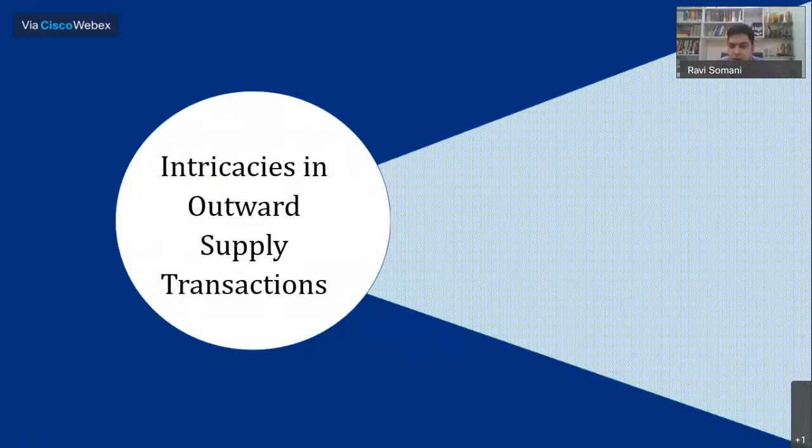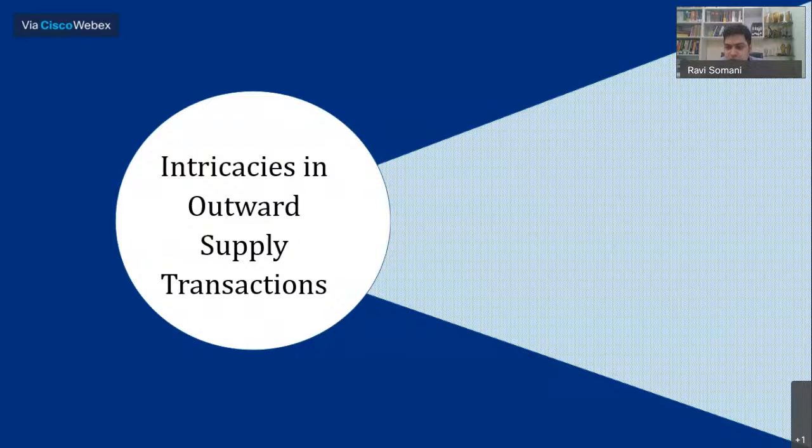So now let us jump into the intricacies or issues that we would face in the course of filing of these annual returns and audit. Now, one important aspect that we need to understand is that this entire exercise can be divided in two parts, either GSTR 9 and 9C, or we can break it into outward supplies, ITC, and reverse charge.